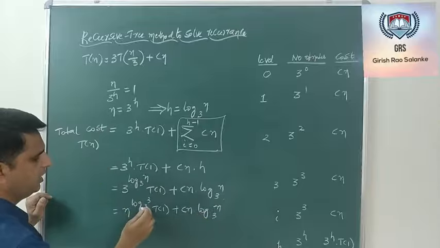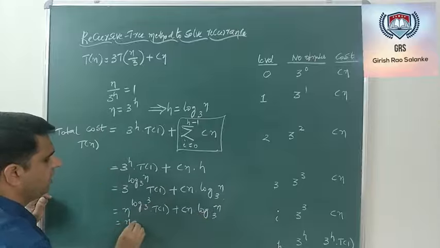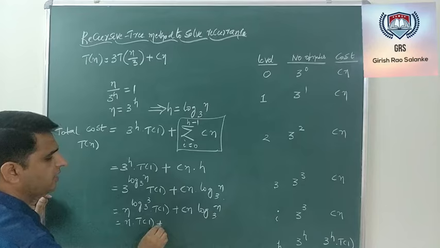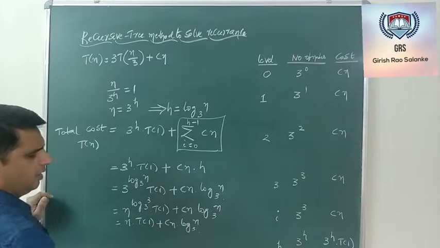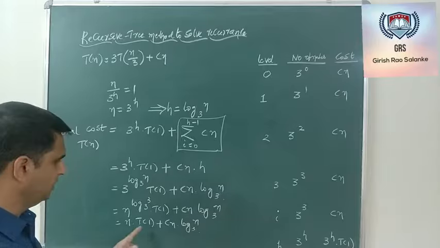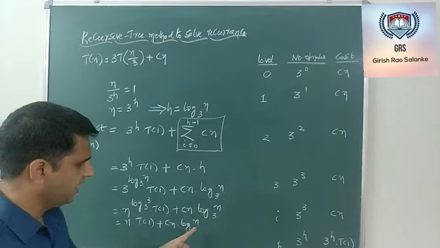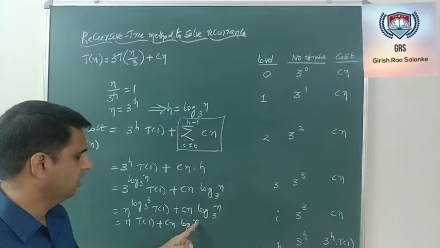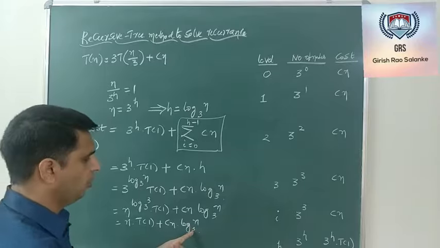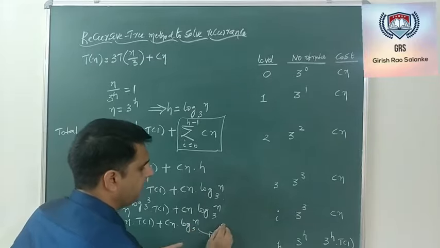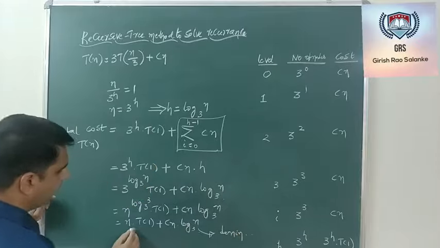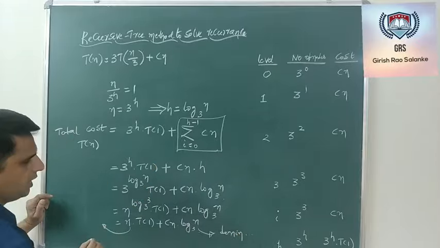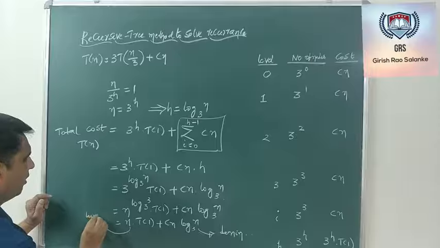So log 3 to base 3 is 1. This is nothing but n into T of 1 plus Cn log n to base 3. Now there are 2 parts. In these 2 parts, n log 3 to base 3 is the higher dominating term when compared to n into T of 1, which is a lower one.